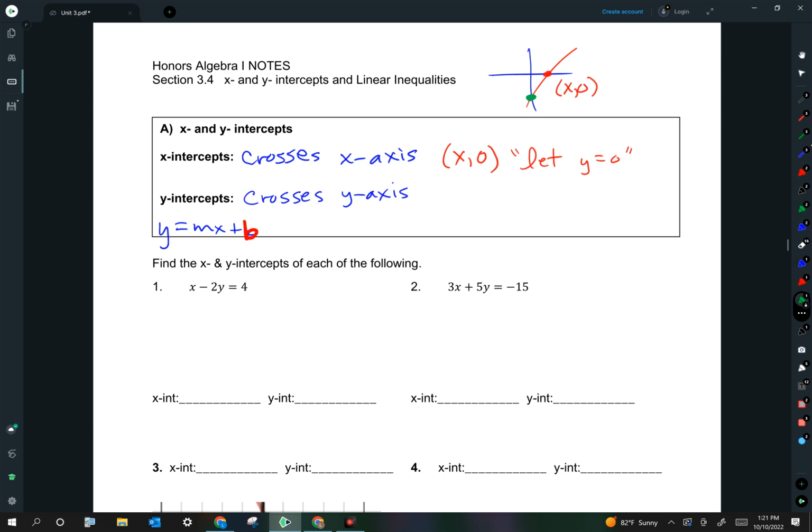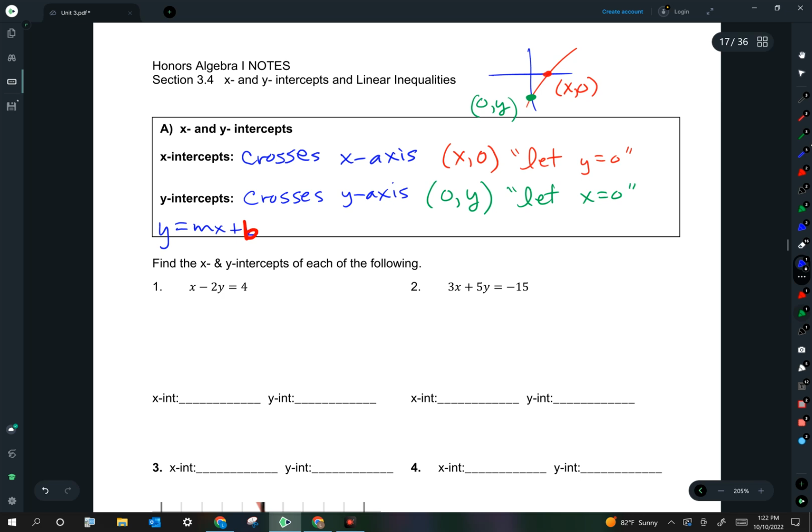Won't the x-coordinate be 0, and the y might be -2, -3, I don't know. If you're on the y-axis, the x-coordinate is going to be 0. So I know the ordered pair is 0 comma whatever the y value is. So if I want to find the y-intercept, when it's not in y equals mx plus b form, all I'm going to do is let x equal 0.